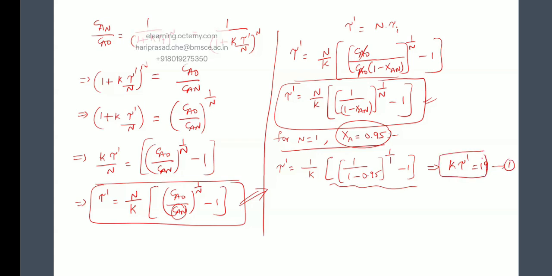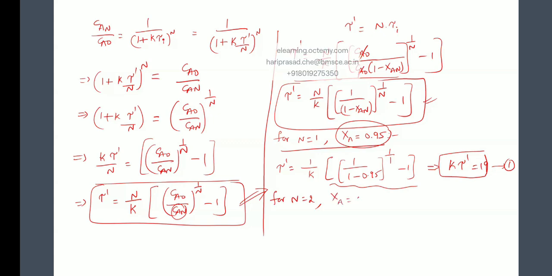Here k tau dash for the first reactor, the value you got as 19 by taking n is equal to 1. Similarly, you take n is equal to 2 if you have two reactors, first reactor and second reactor, and the overall conversion is again the same, 0.95 only. Now tell me what is the value?